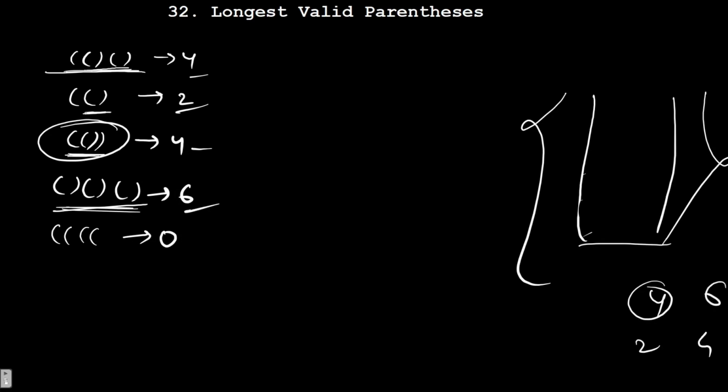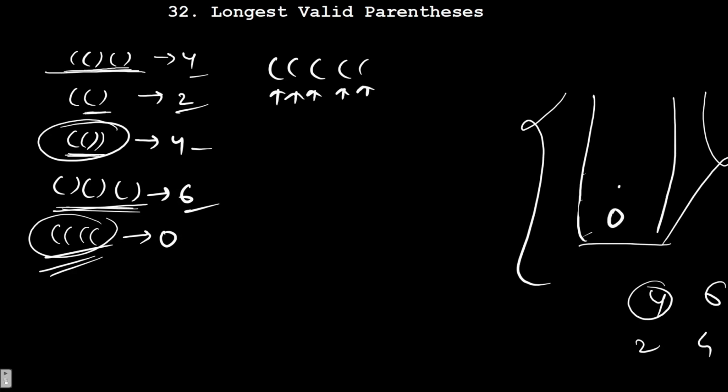Okay, and for the last set of test cases, we have all open parentheses only. So what we will be doing, we will try pushing all the indexes from 0, 1, 2, 3, 4. All are open parentheses, so we will be pushing all one by one.